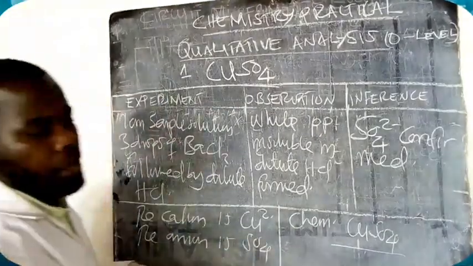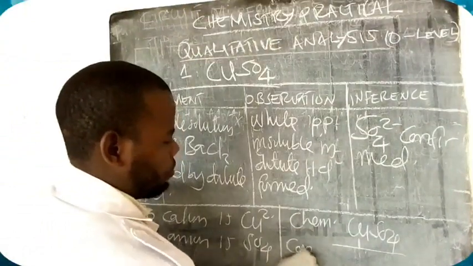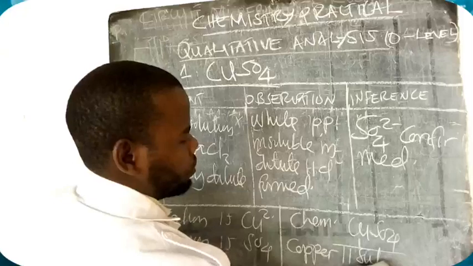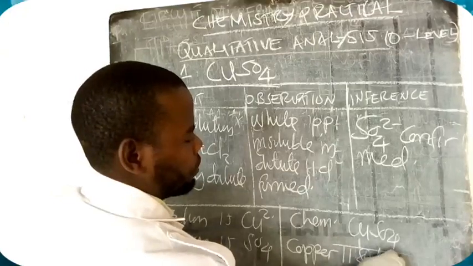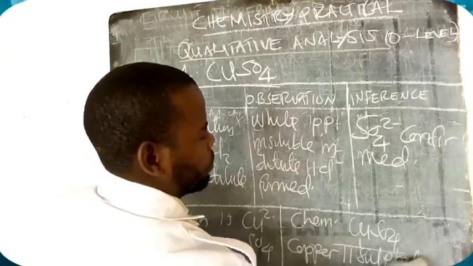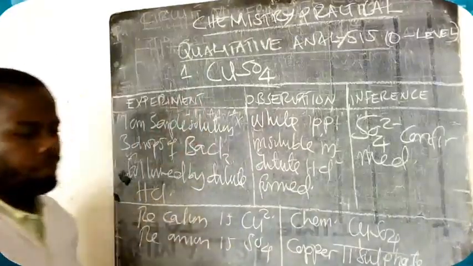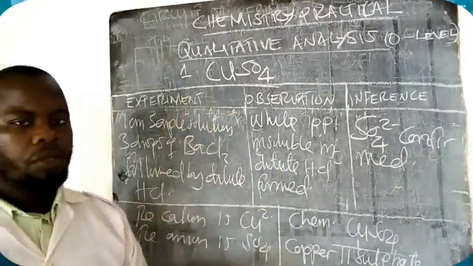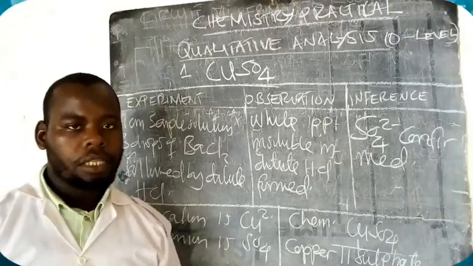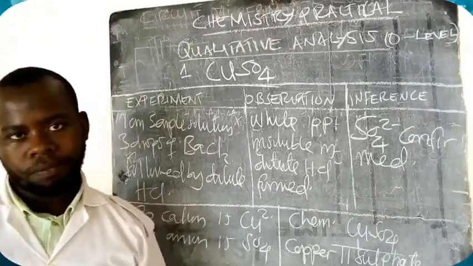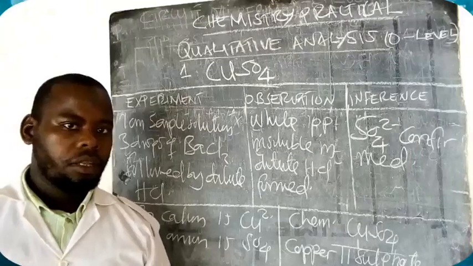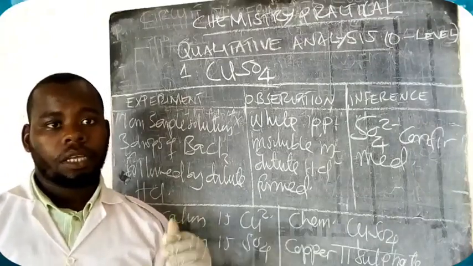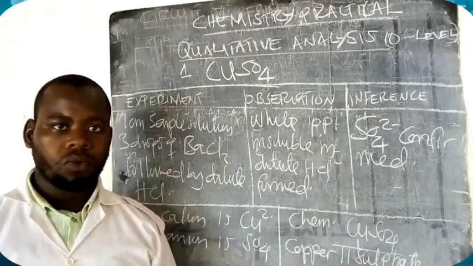The chemical name is copper 2 sulphate. That's the end of our test of copper 2 sulphate, and I think you have understood. This is the end of our lesson for qualitative analysis in the case of the test for copper 2 sulphate.